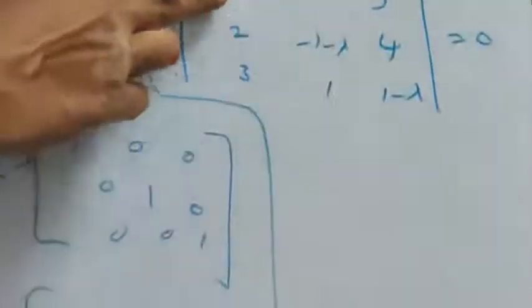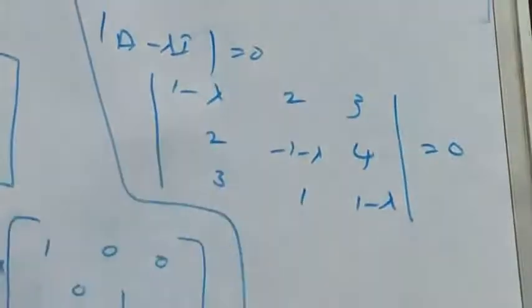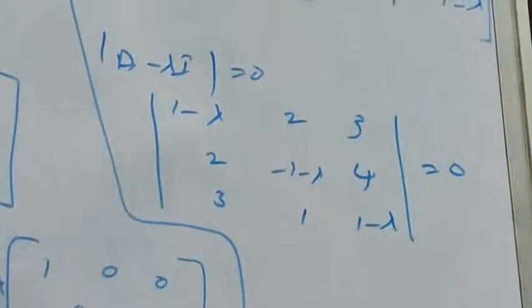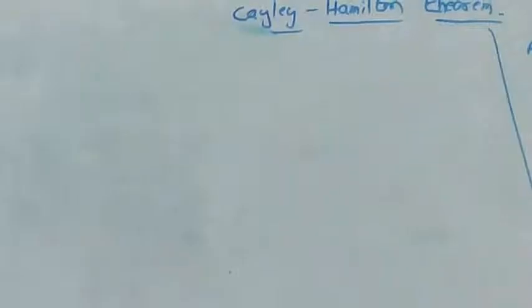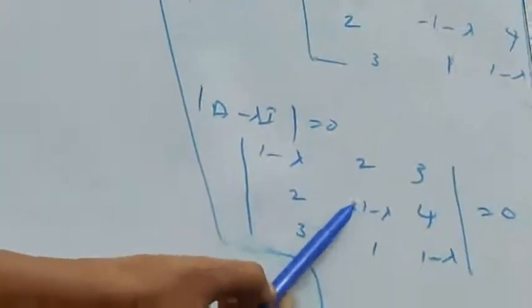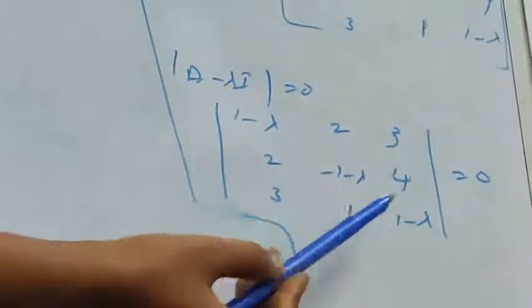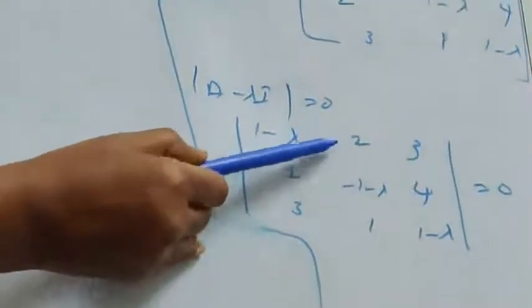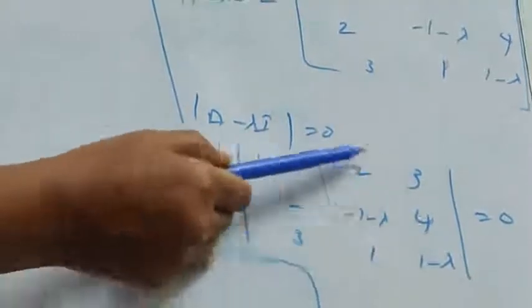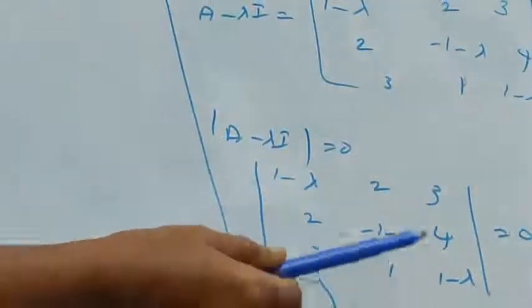So by finding the determinant of this matrix, we will get the lambda values. You know how to find the determinant. That means 1 minus lambda of minus 1 minus lambda into 1 minus lambda minus 4 into 1. Similarly, minus 2 of 2 into 1 minus lambda minus 4 into 3, like that.